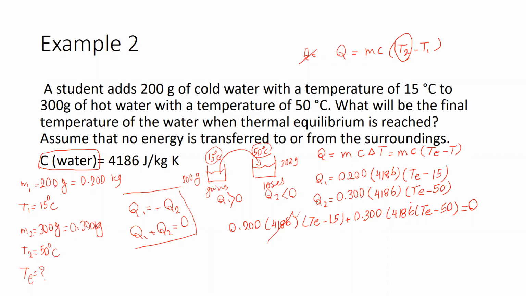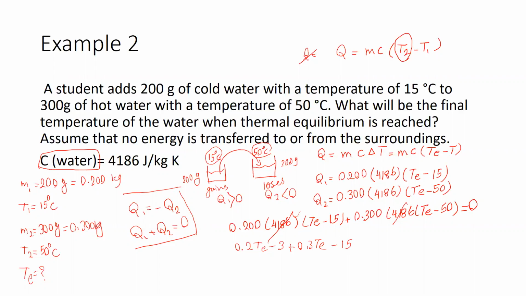So if I simplify this, I have 0.2 times TE minus 0.2 times 15, that is 3, plus 0.3 times TE minus 15.